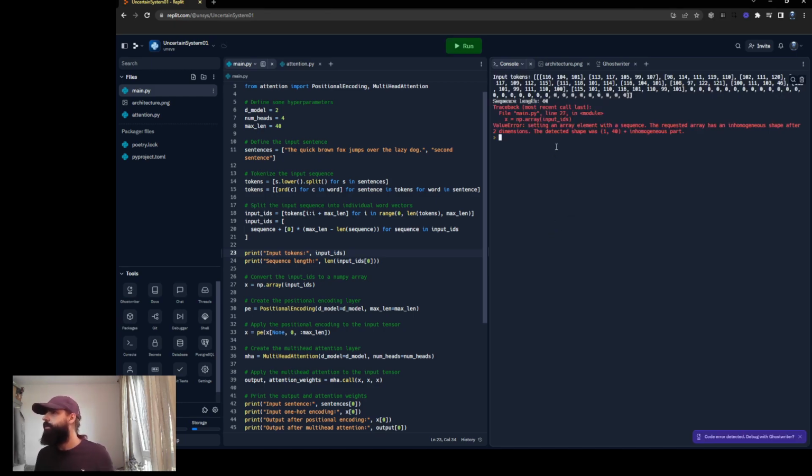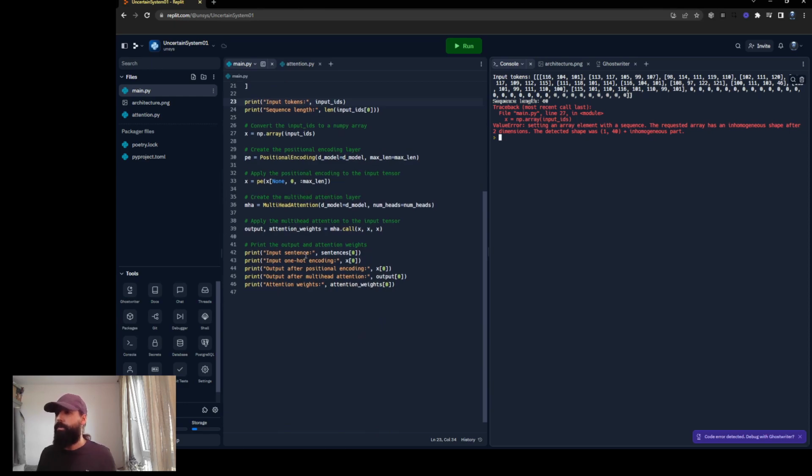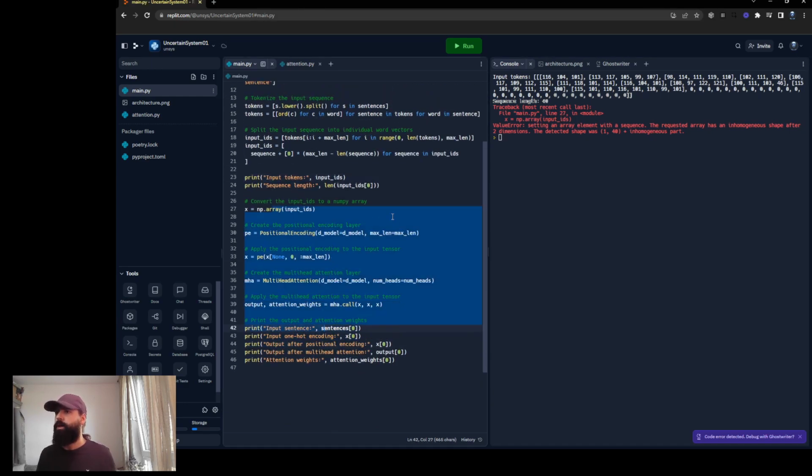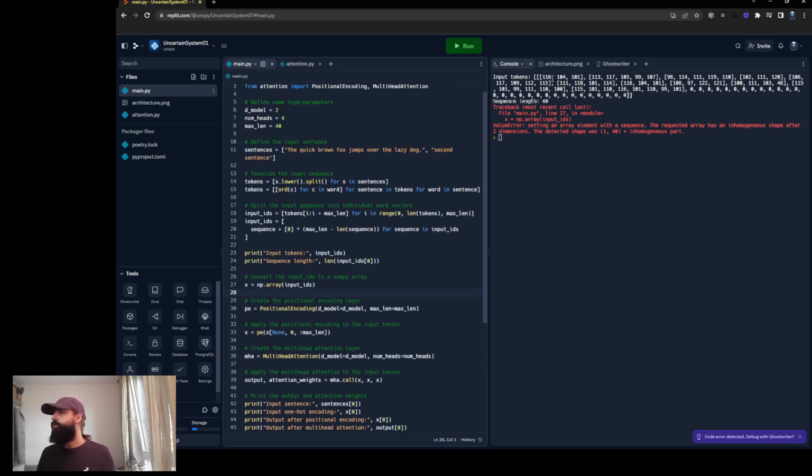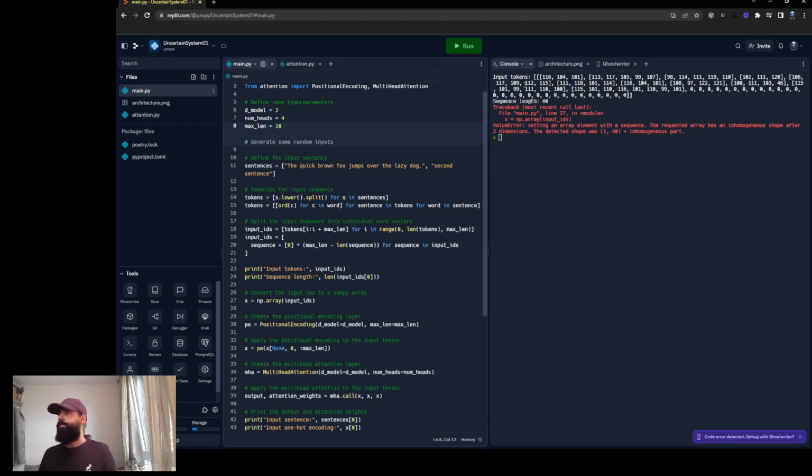Okay, now it looks better, but there's a problem with the dimensionality. Oh yeah, it's fine, I had that commented out. So now each word is basically like that. But my assumption is that now it isn't max length. I hope I'm doing the right thing, but I'm not so sure that the ghostwriter is telling me the right thing.